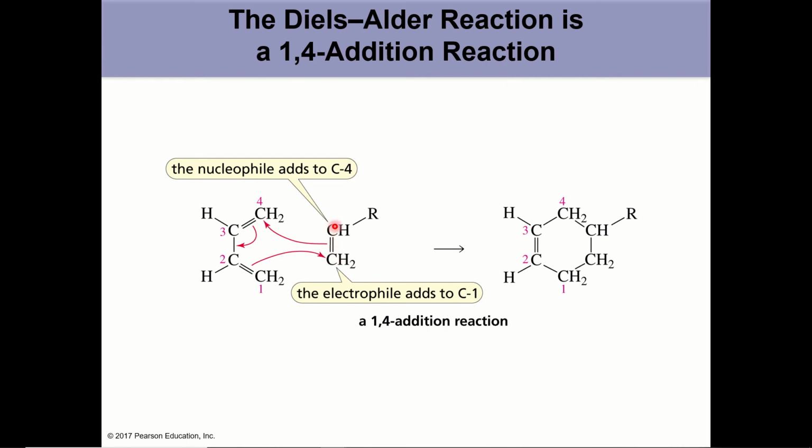Then the pi electrons of the dienophile, which is always the molecule with 1 pi bond, are donated to carbon 4 of the diene, and then the pi electrons between carbons 3 and 4 move to the position between 2 and 3. So here we have a 1,4 addition reaction, and it's to form a cyclic product. So Diels-Alder is always a 1,4 addition.